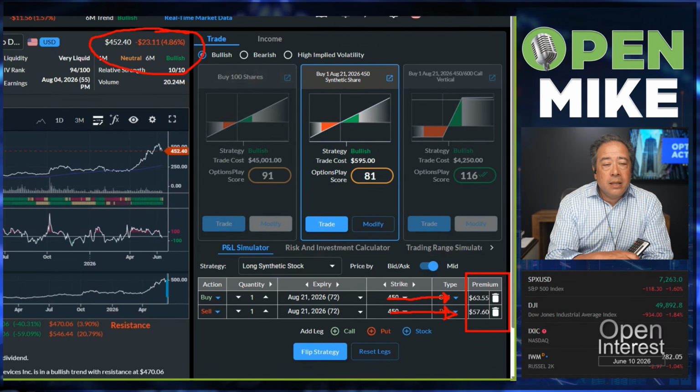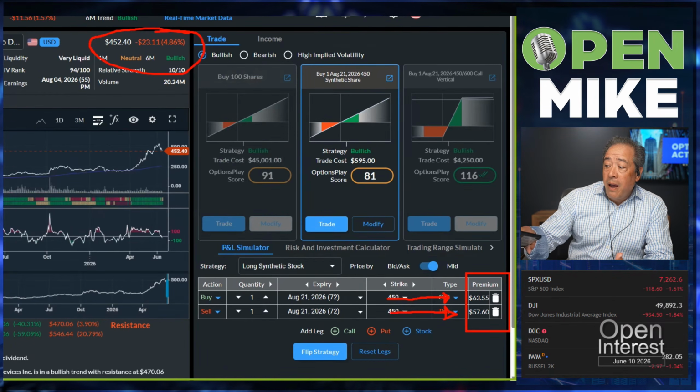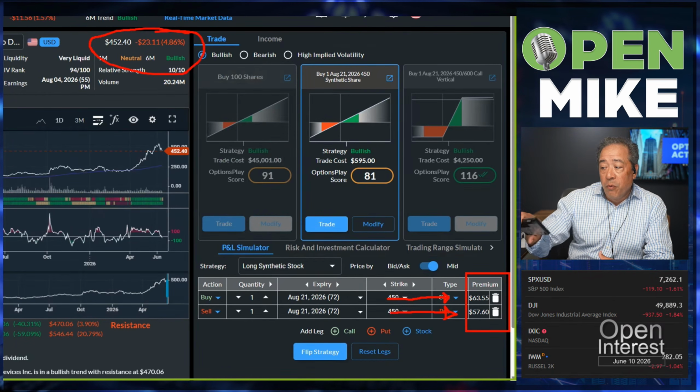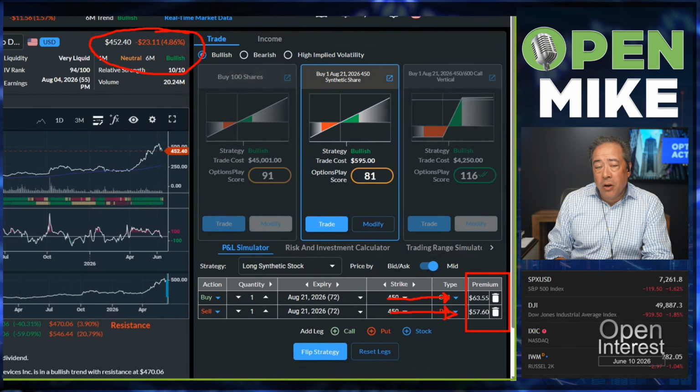So I'm actually going to get some interest. How much interest? Well, in this particular case, because I'd have to have it supported by $45,000 worth of stock. Each contract represents 100 shares for that number of days.